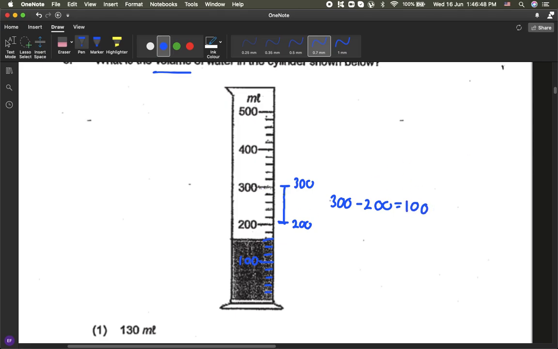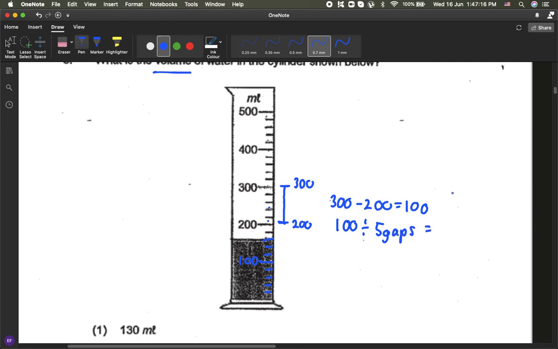So the gaps present over here have a total of 100 units. Since there are 1, 2, 3, 4, 5 gaps, we can get the number at each small line by simply doing 100 divided by the 5 gaps that we counted.